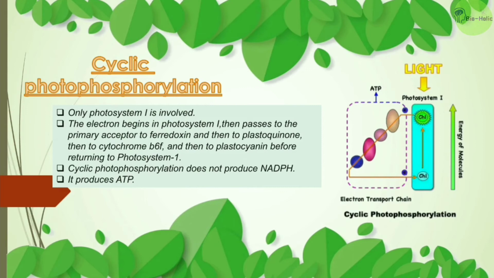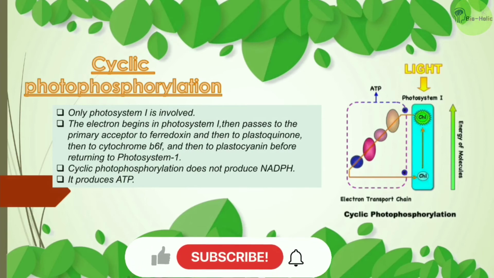In this case, the de-energized electrons return to the photosystem, restoring its electron supply. Hence here you can see a cyclic pattern. That's why it is called cyclic photophosphorylation. And cyclic photophosphorylation does not produce NADPH, as NADP plus cannot be reduced here, since the electron returns back to photosystem 1.